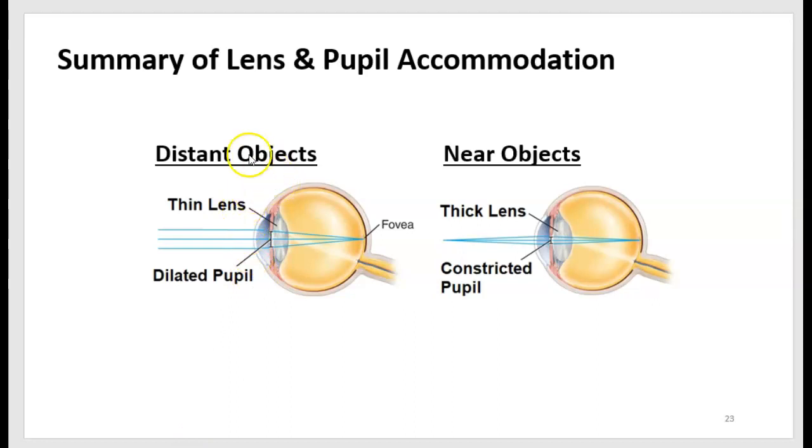When you're trying to view distant objects, the lens accommodates by becoming thinner, and the iris or pupil accommodates by dilating. When you're trying to view something close, to get a nice focused image of something near you, the lens accommodates by becoming thicker. That's due to the ciliary muscle, of course. And the pupil constricts, and that's due to the action of the iris.